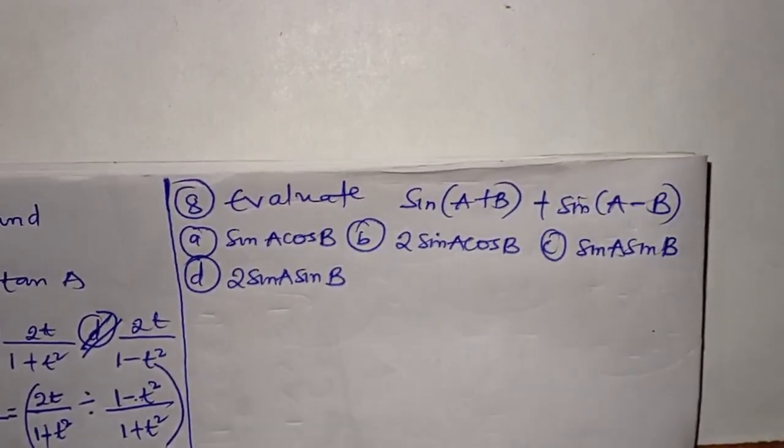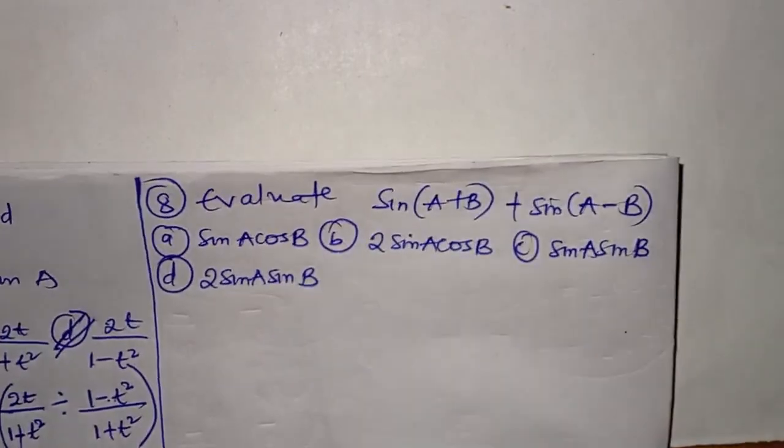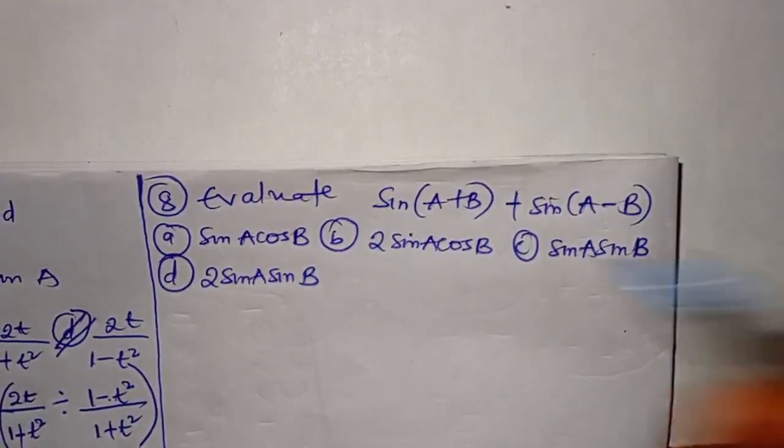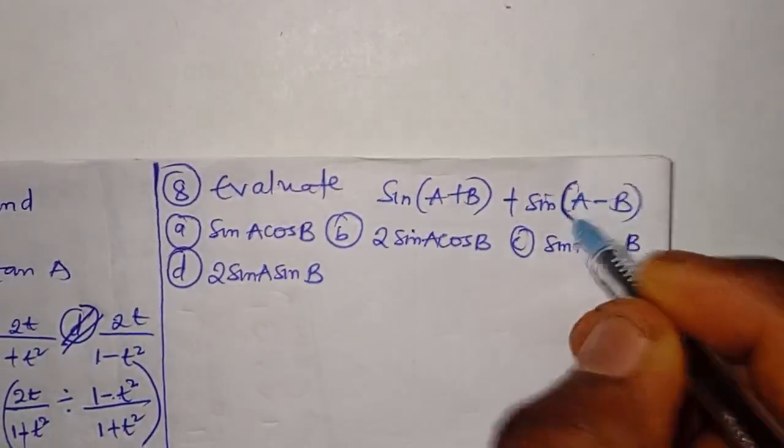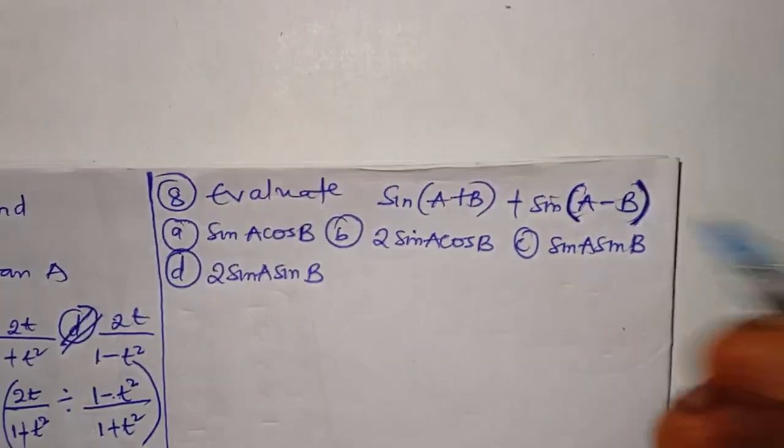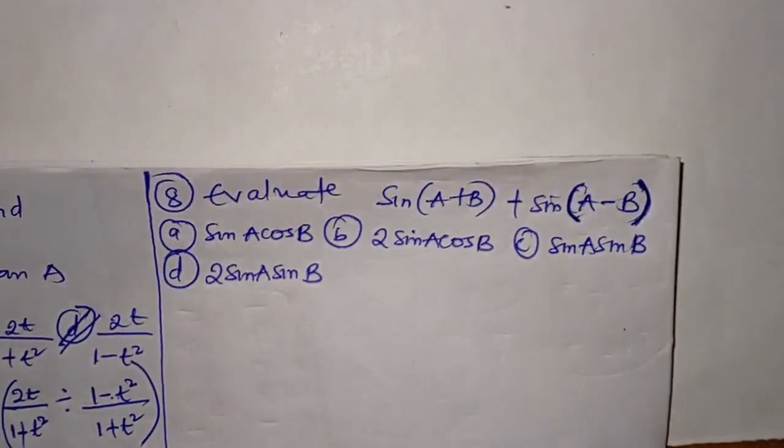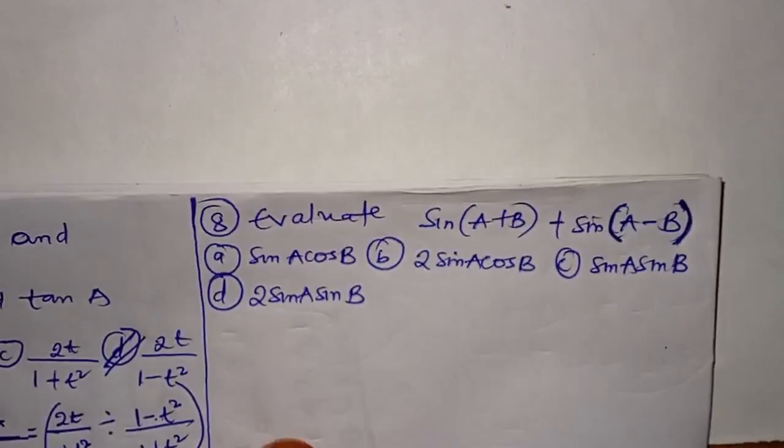Now let's see question 8. Okay, we have to evaluate sine A plus B plus sine A minus B, the sine of a sum plus the sine of a difference. It's also very easy.